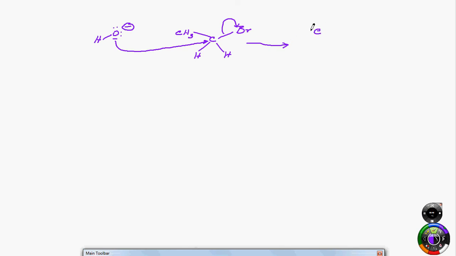So this is CH3, C, a new bond is formed between C and OH minus, plus Br minus.